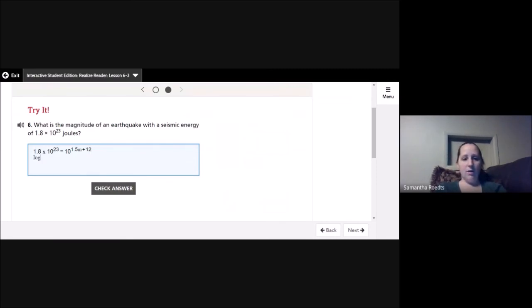Okay, so I take the log of this. Log of 1.8 times 10 to the 23rd equals the log of 10 to the 1.5 M plus 12, which gives me 1.5 M plus 12. So I'm going to go into my calculator.